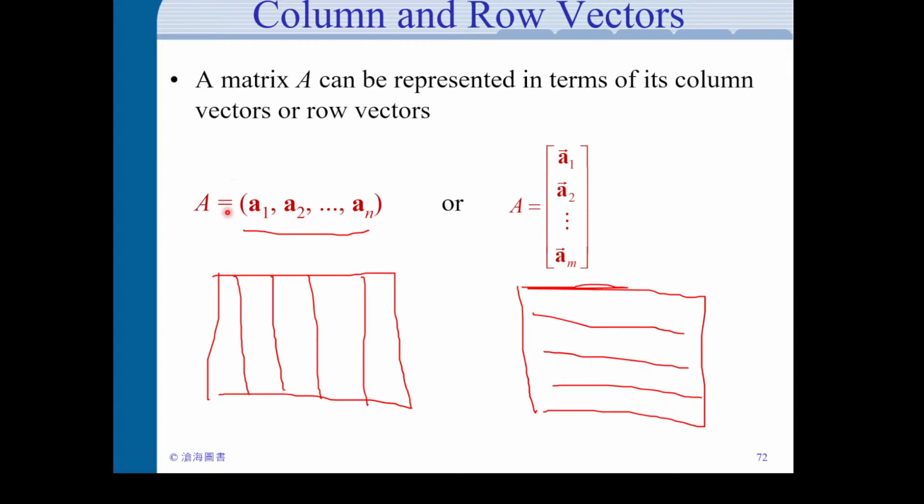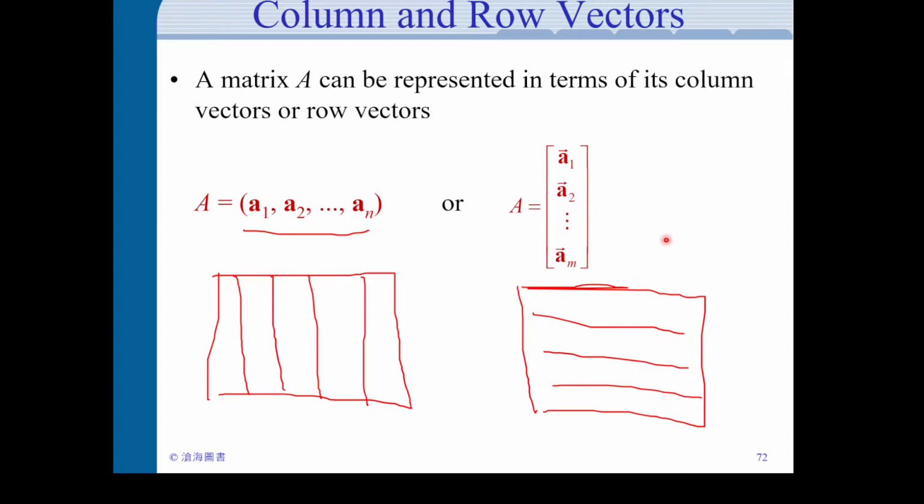Okay. And so we can use the column and row vector notation to represent a matrix. A matrix, as a block of numbers, can be written as a collection of columns or rows. Here we use the column vector notation: we think of our matrix A as a collection of these columns. So A1 will be the first column here, and A2 will be the second column here, etc., all the way to An.